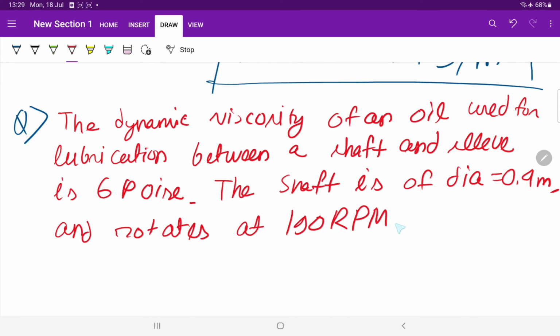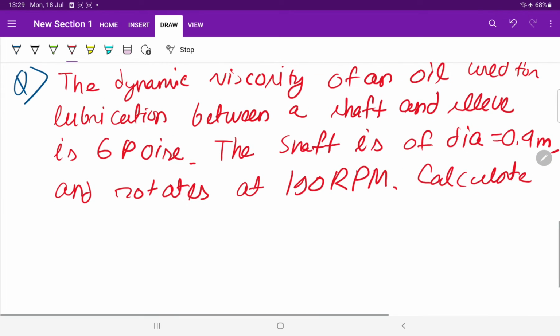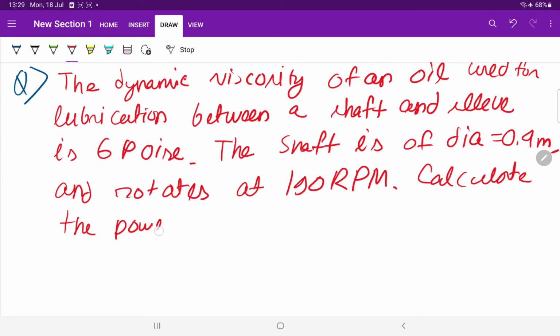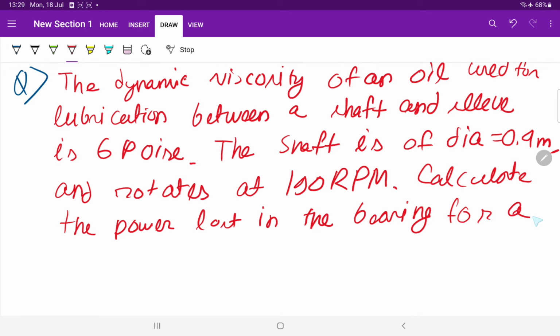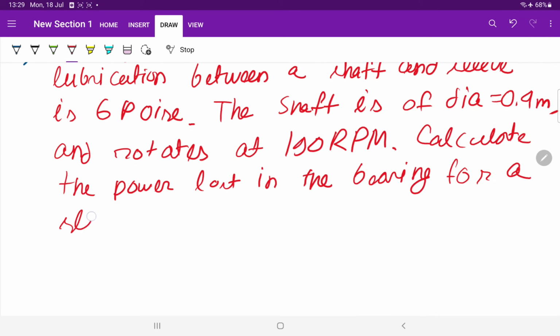This formula you don't know if you haven't solved this type of numericals earlier. If you have, then you obviously know. I'll give you the formula, then you can solve it. Calculate the power lost in the bearing for a sleeve length of 90 mm.